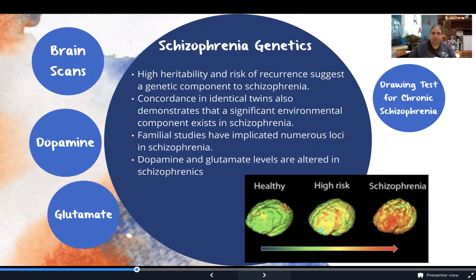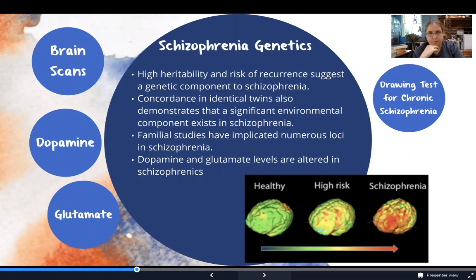What I mean by that is there's still 60% of identical twins where, if one has schizophrenia, the other doesn't. The fact that there's still 60% non-concordance would suggest that there is also a significant environmental component.